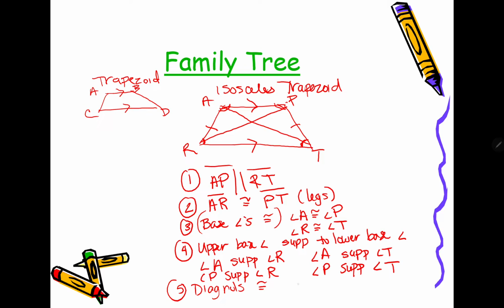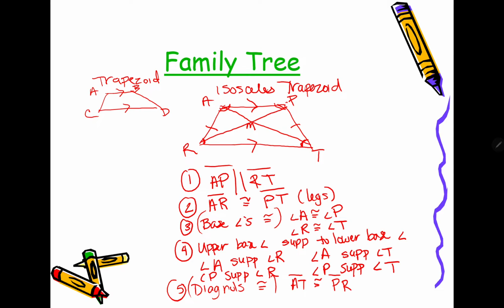So AT is congruent to PR. And then this is kind of a weird thing that happens, but I should probably label this, let's call it M for where they get bisected.